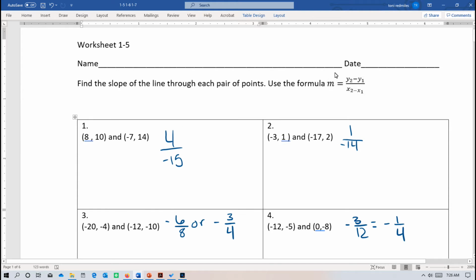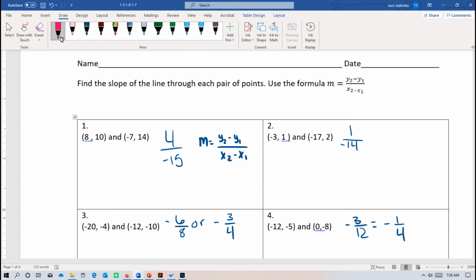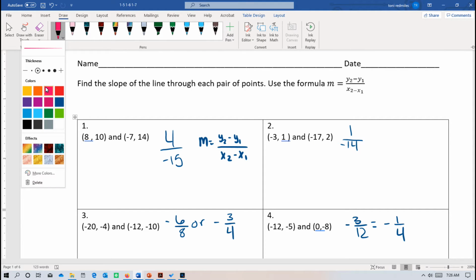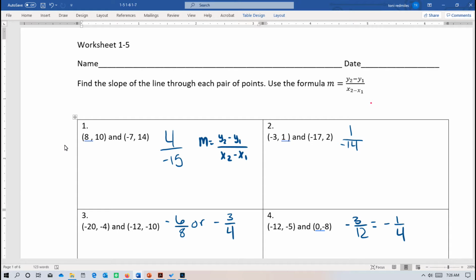So remember that we're using this formula, and some things that we need to highlight from this formula is that the 2 and the 1s do not mean anything. All right, you can decide which points are your point 1s and which ones are your point 2s within a problem. You don't have to overthink it.